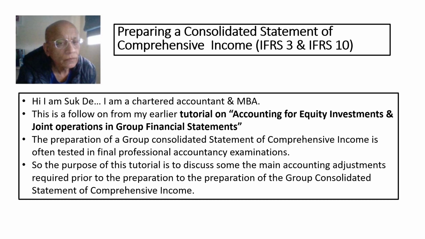So the purpose of this tutorial is to discuss some of the main accounting adjustments required prior to the preparation of the group consolidated statement of comprehensive income. And after we've done that, we'll go on to prepare a full exam type question on a group consolidated statement of comprehensive income.